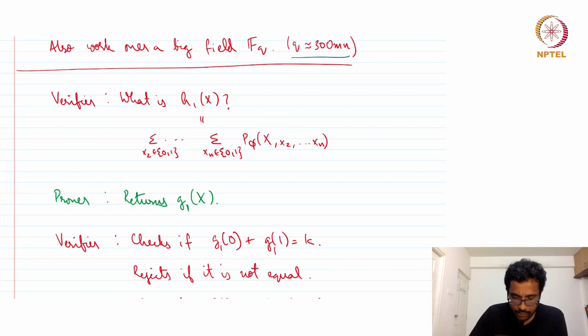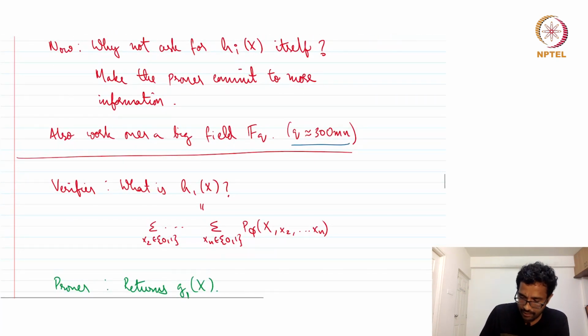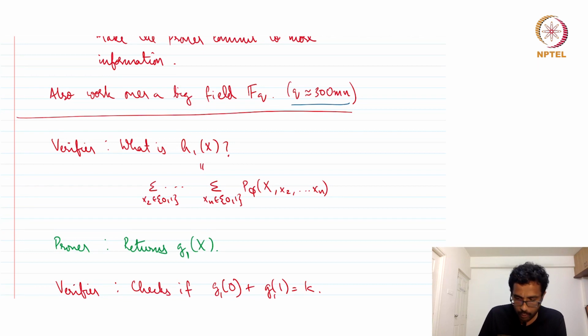Okay, so maybe let's try to see the protocol once again. The verifier asks what is h1(x), which I have already described. h1(x) is simply the summation over x2, x3 up to xn, where the first variable is capital X and the rest are ranging over 0, 1. So you take the sum. Now the prover will want to lie, but unlike the earlier case where he had to provide k0 and k1, now he has to provide a polynomial. So perhaps he could still be smart and provide a polynomial.